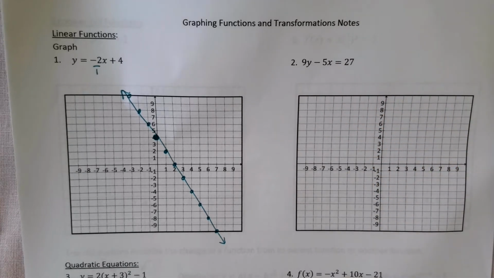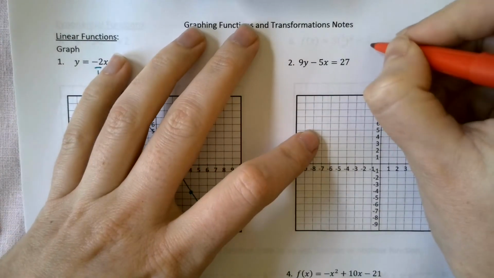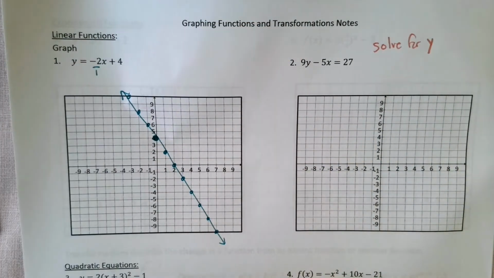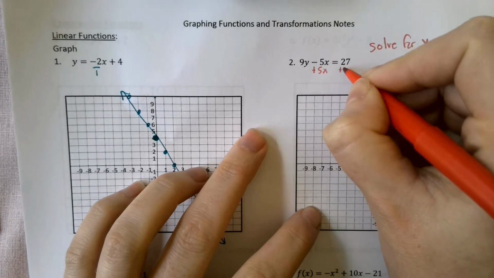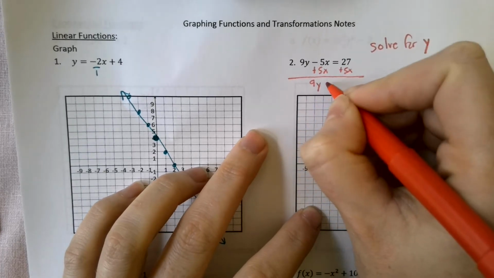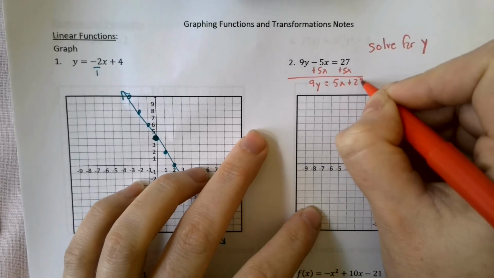Okay? Alright. For our next one, when we are not in standard form, because as you can see, 9y minus 5x equals 27, we need to put it in standard form. So we need to solve for y. Okay, so we're going to start by adding 5x to both sides. And we get 9y equals 5x plus 27.